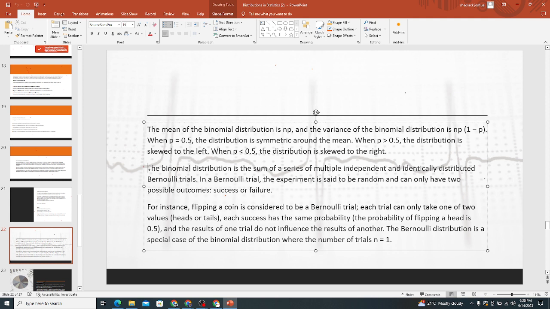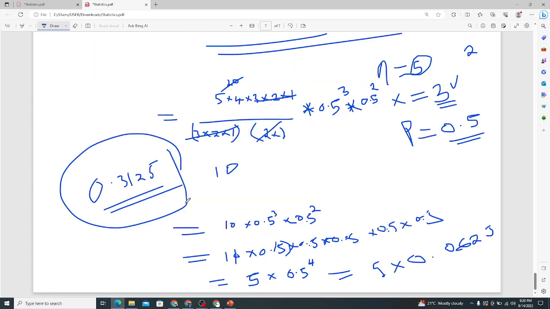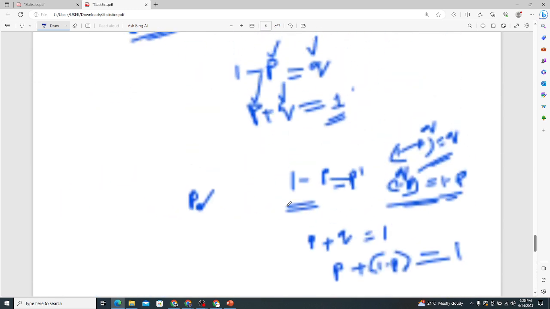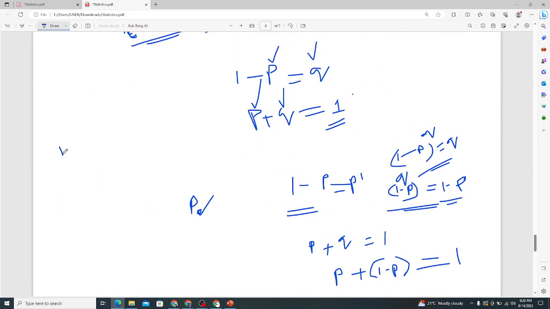We are saying that the binomial distribution is the sum of a series of multiple independent and identically distributed Bernoulli trials. How does it happen? For Bernoulli distribution, when n is equal to 1, or when we do one binomial trial, that is referred to as Bernoulli distribution.